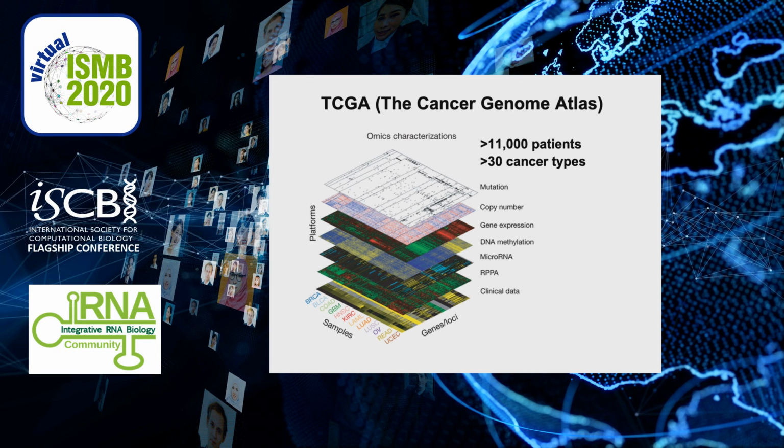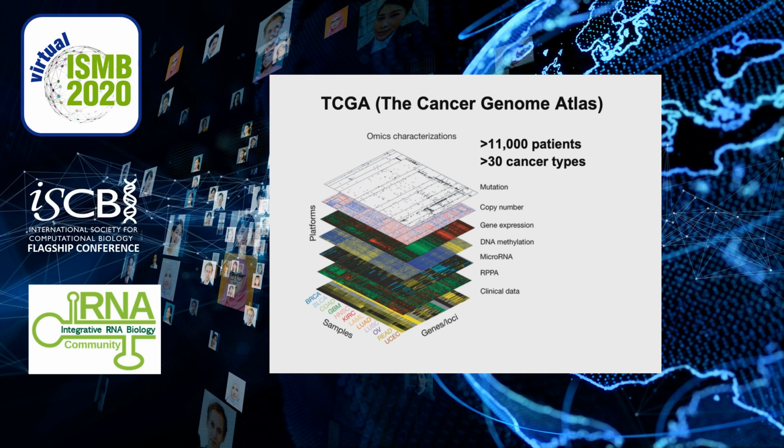And similarly, we have GTEx that sequenced another 10,000 samples derived from normal tissues, covering a wide range of tissue types. Along with other large-scale sequencing efforts, they together present an unprecedentedly exciting opportunity for knowledge discovery, especially for studying the regulation and dysregulation of the transcriptome using large-scale RNA-seq datasets.